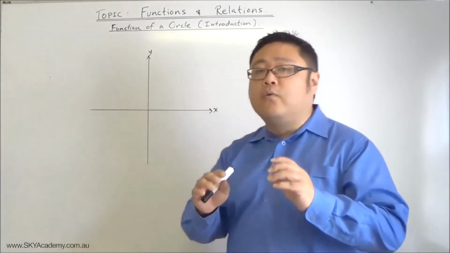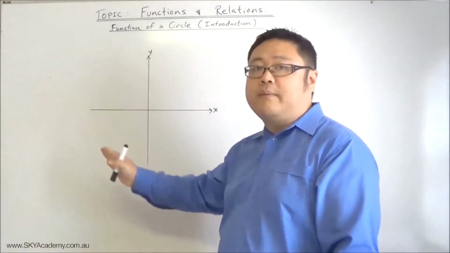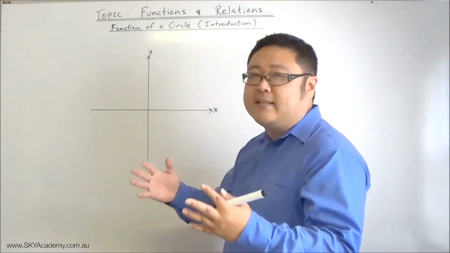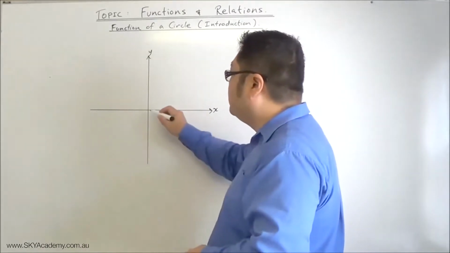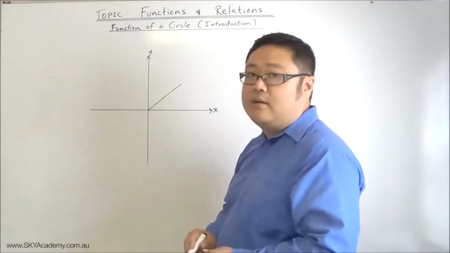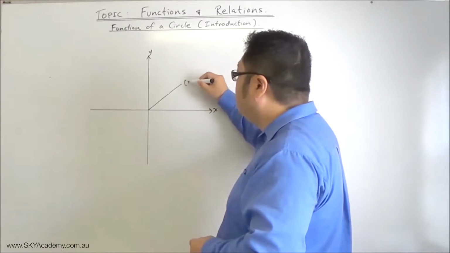The function or the rule that gives us a circle on the number plane is derived basically by a point which is a certain number of units away from the origin.